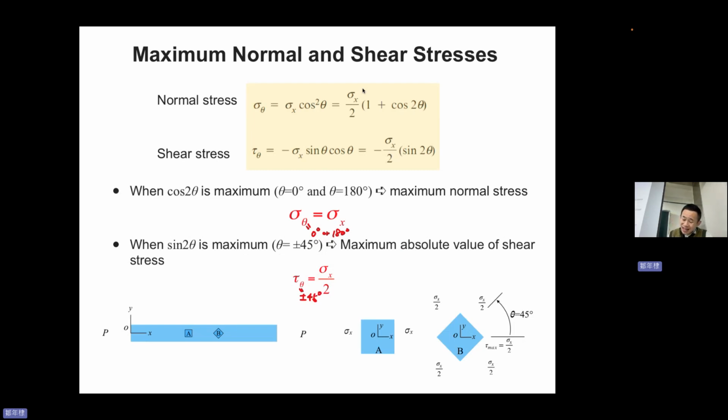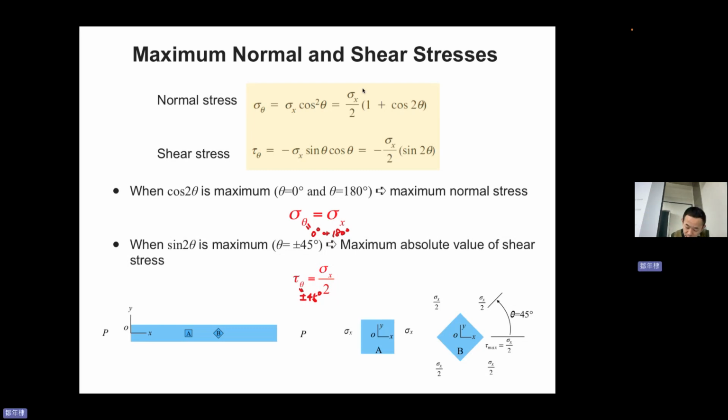The reason why I say absolute value is because it is relatively difficult to determine the shear force direction. We need to see, oh, this is a positive surface and then positive direction, and then you need more procedure to determine the plus or minus. So here we just say maxima absolute value, and then you can determine the sign later.